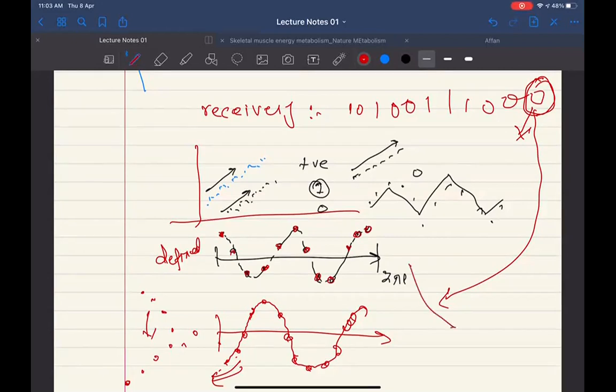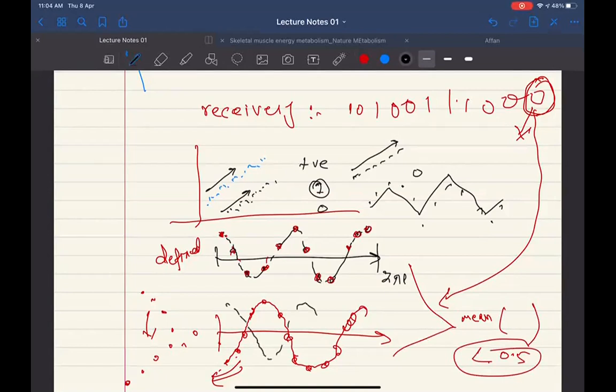The negative correlation means that if you take the mean of the whole values that you receive from here, it will be less than 0.5. This is one of the methods which I used for recovering the signal. There are a lot of other methods too, but this is what I did. I correlate the pre-defined signal with the received signal, with each and every point correlated, and if it was one like that one, it will have a very strong correlation.